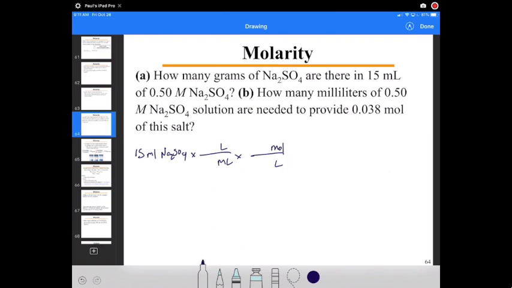Okay? That is the molarity. In this case, for every 1 liter of the solution, how many moles are there? 0.05. Okay? And that is still all sodium sulfate.